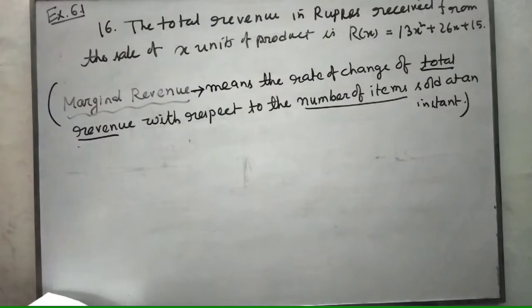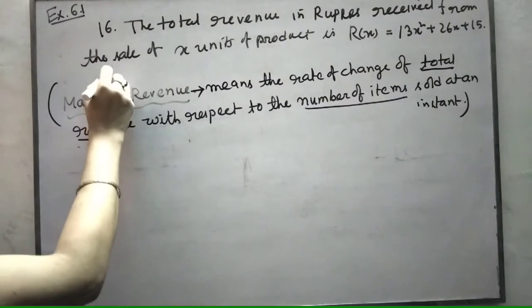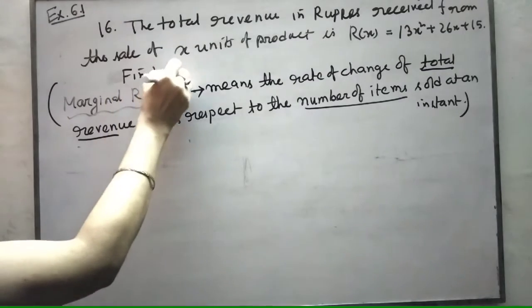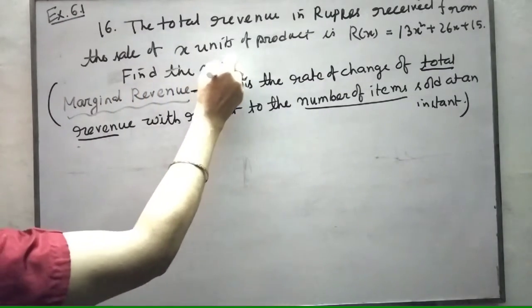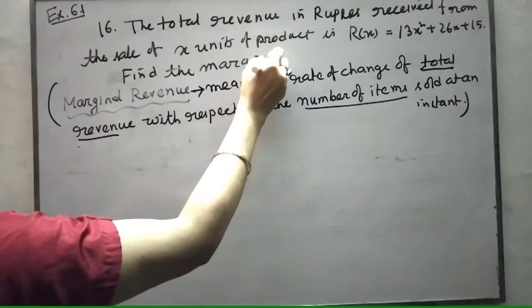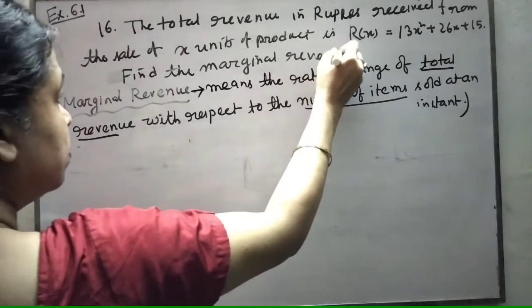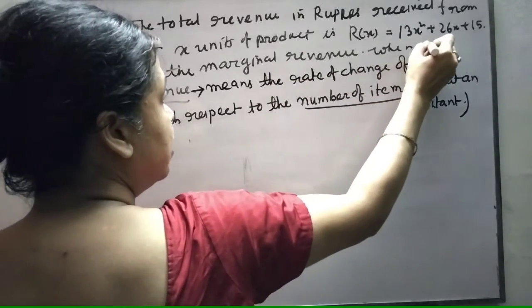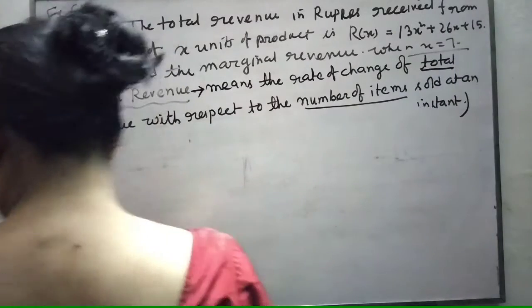And your aim is to find the marginal revenue when x equals 7. So this is your question.